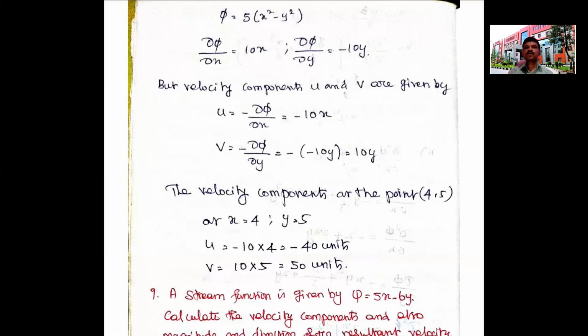Also, substitute the given point in x comma y to get the answer. In the previous two problems we saw only 2 dimensions. Sometimes they give 3 dimensions also, that means a z term also. No problem, if they give a z term, a w term will also come, like u and v, that's all.